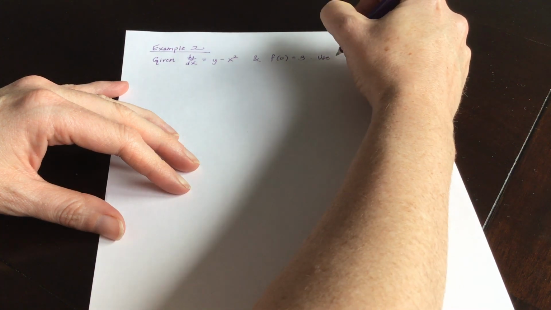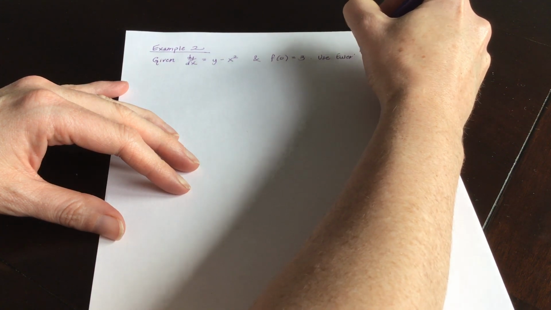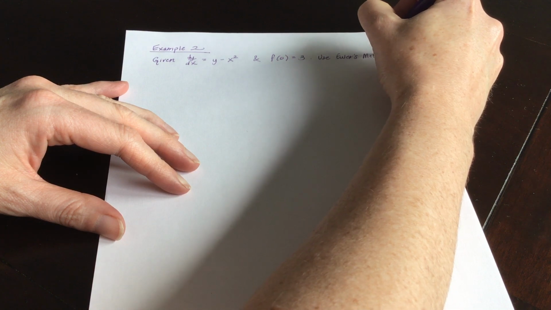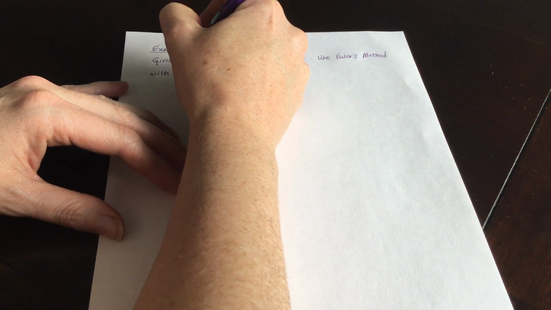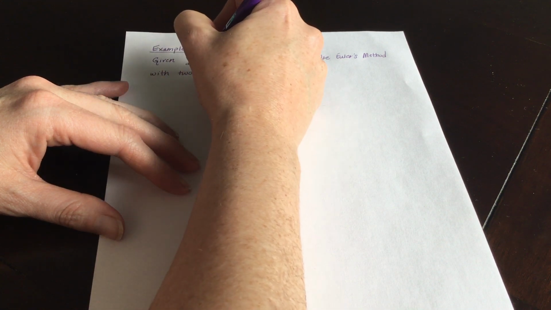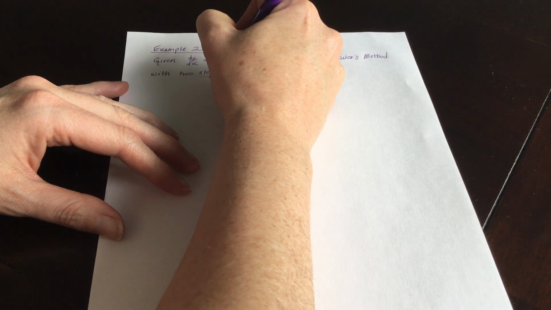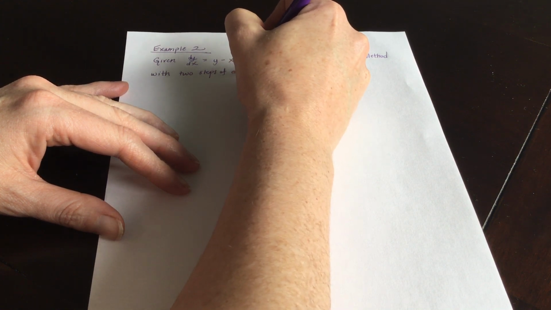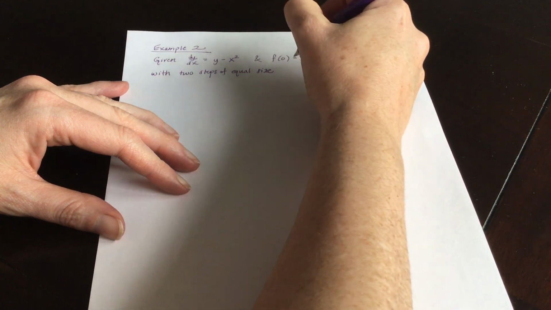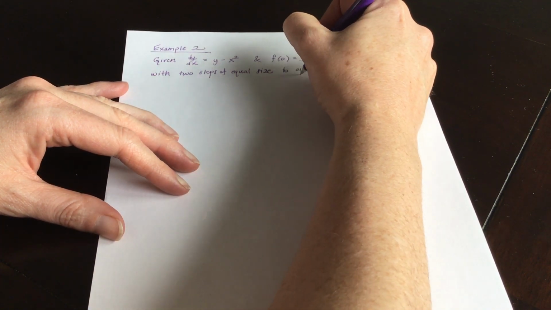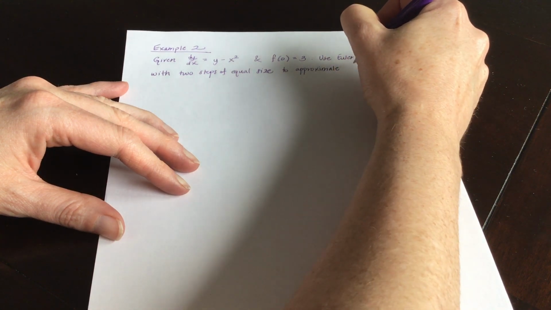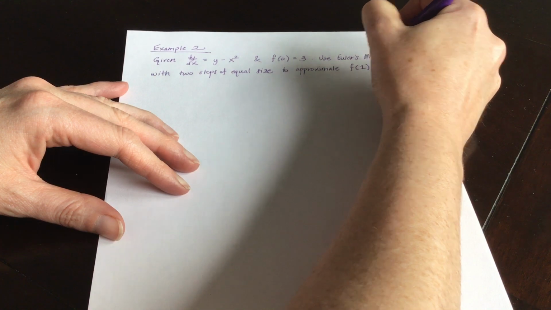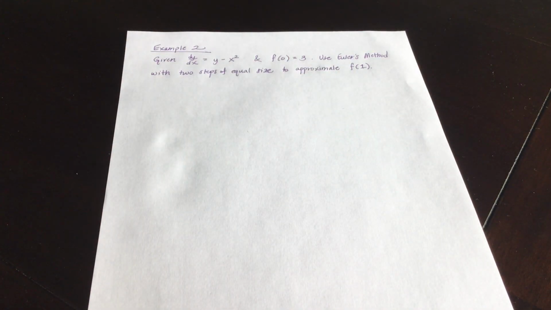You're asked to use Euler's method with, I'm going to say, 2 steps of equal size, to approximate f of 1. Okay, so I've used a little different wording here on this one.